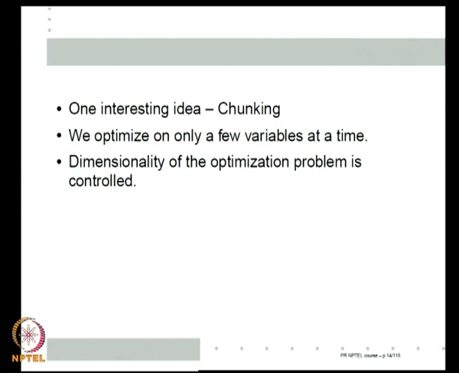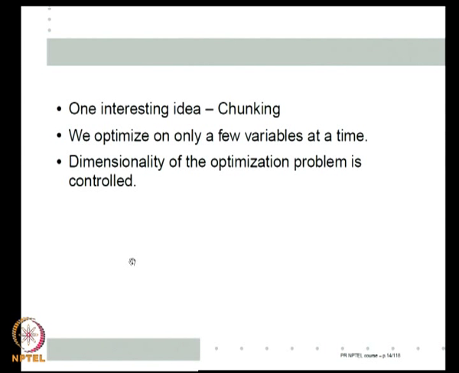Of course, we may not want to do one at a time as in coordinate-wise optimization. So, maybe I have an optimization problem of 1000 variables, I may be doing 25 at a time, or 50 at a time or 20 at a time. The idea is, because of the quadratic programming problem, if I take only 20 variables, I have a quadratic form with a 20 by 20 matrix, which is much easier to solve than a cost function which involves a quadratic form of a 1000 by 1000 matrix.